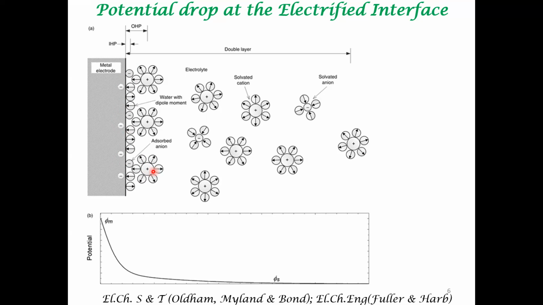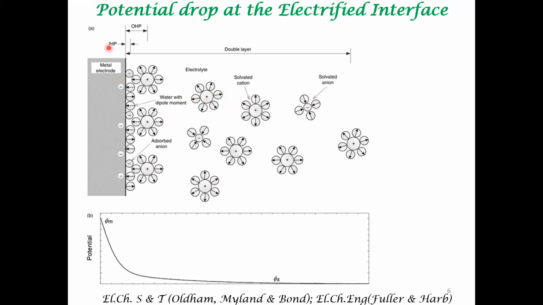Therefore, this cation binds to the electrode via the water dipoles, okay? In fact, I took the two schematics from two different textbooks. The anion and cations have different sizes here, okay? But that's a detail, okay? We can discuss these things in the discussion session, okay?